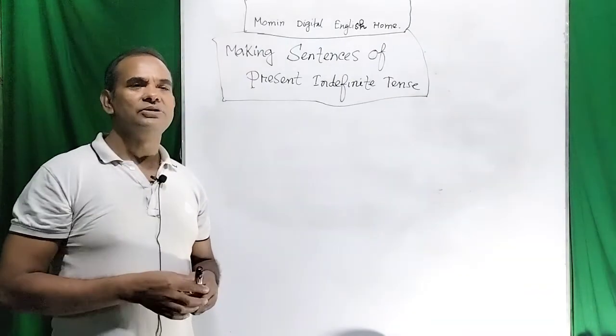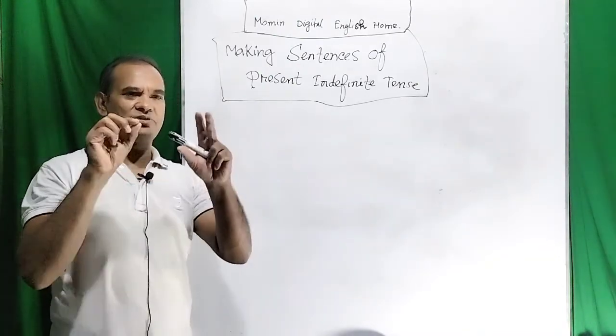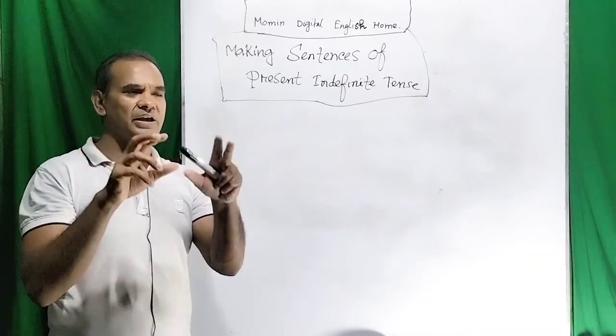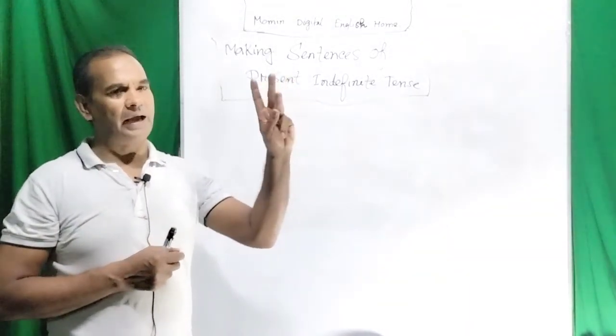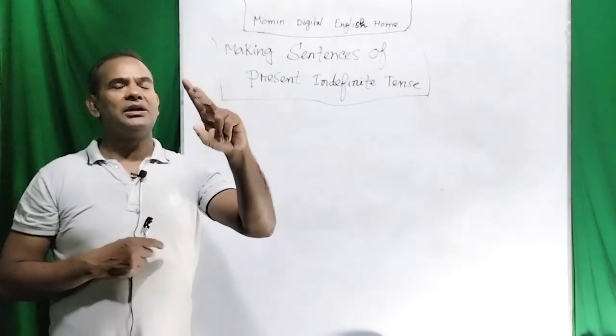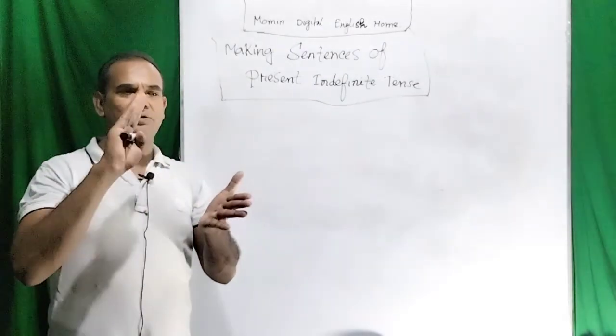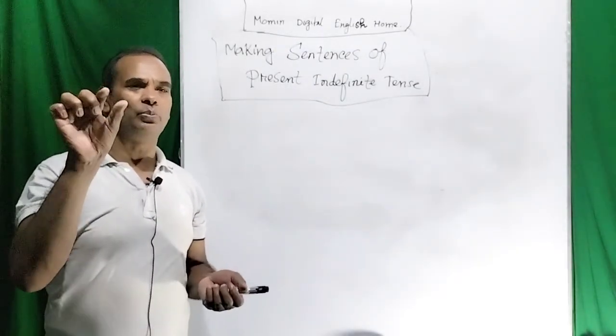At first, dear students, you know what the subject is. A subject is a person or thing that does the action of the verb. So the subject is a doer, an agent.